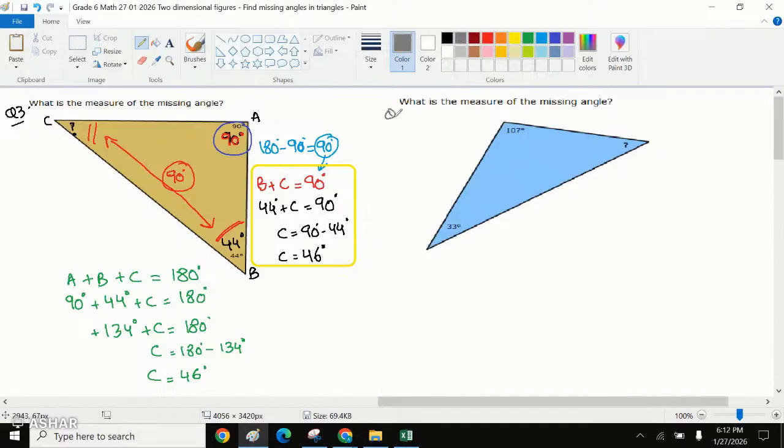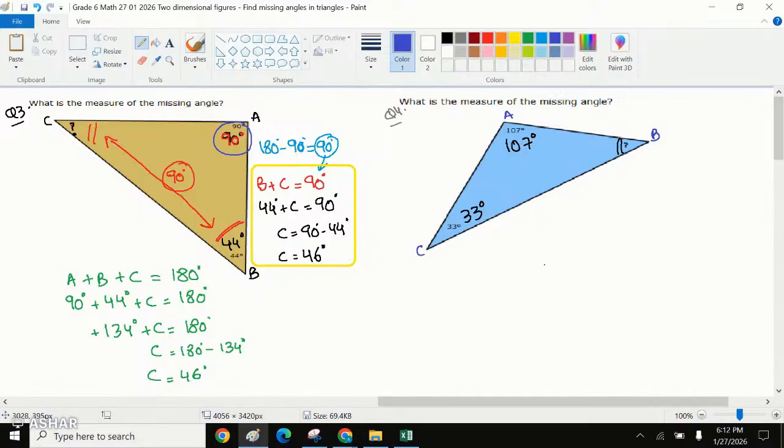So if this is question number 4, and they are asking us to find the missing angle. If this was given as 107, this is given as 33, and this is missing. Can I say this is A, B, and C?